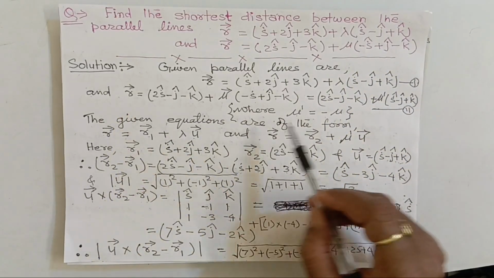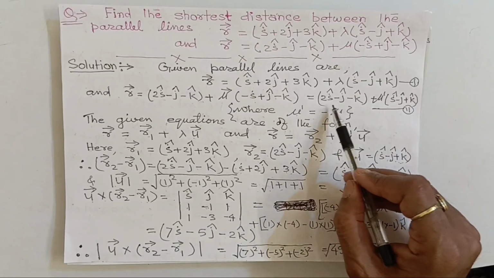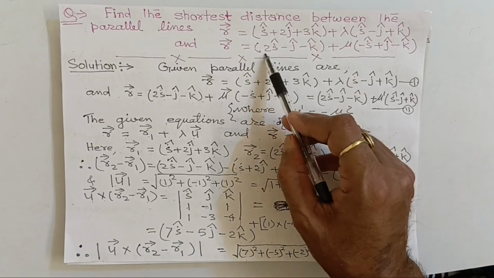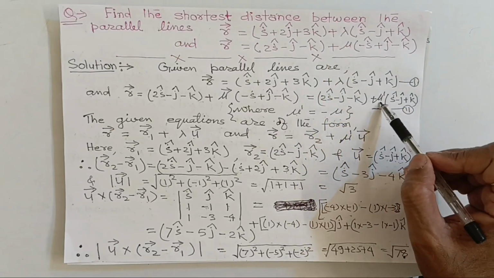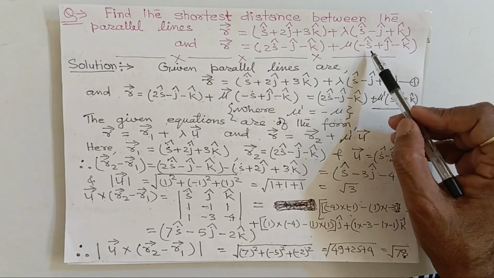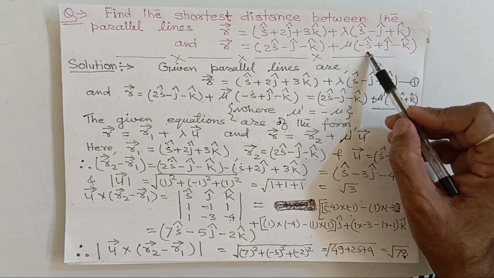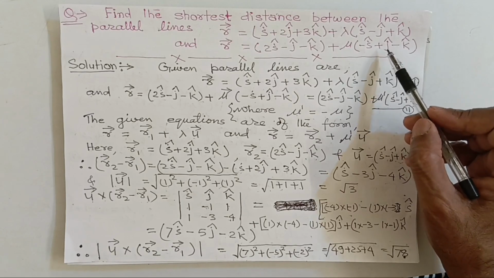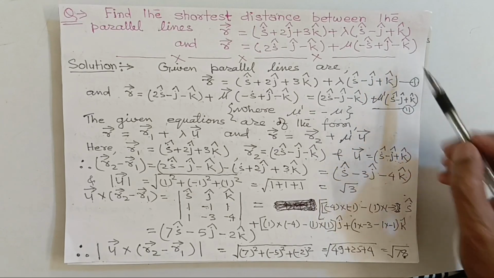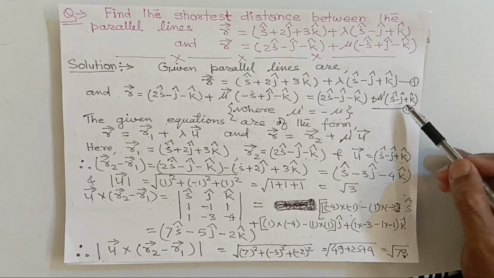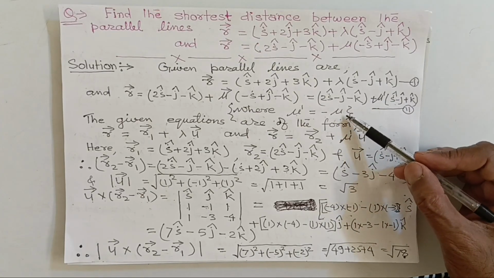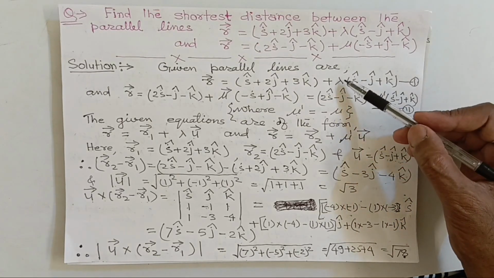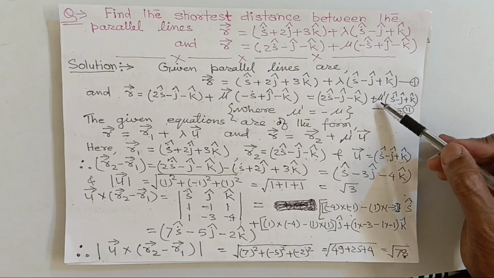And r = 2i - j - k + mu dash(i - j + k), where mu dash is equal to minus mu. Lambda and mu dash are constants.